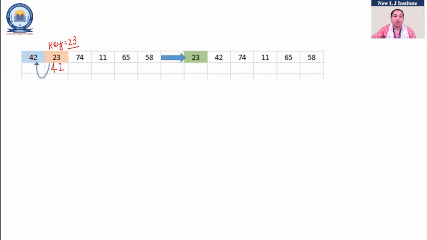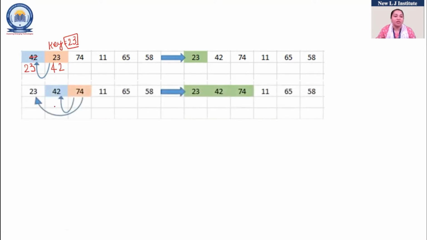And because now we have shifted this 42, we can place this key at this place. So we will put 23 at the first index. Okay, so in the next iteration, it will look something like this. So now we have shifted the key to its proper position in the first pass. So now 23 has its fixed place. 42 has its fixed place.